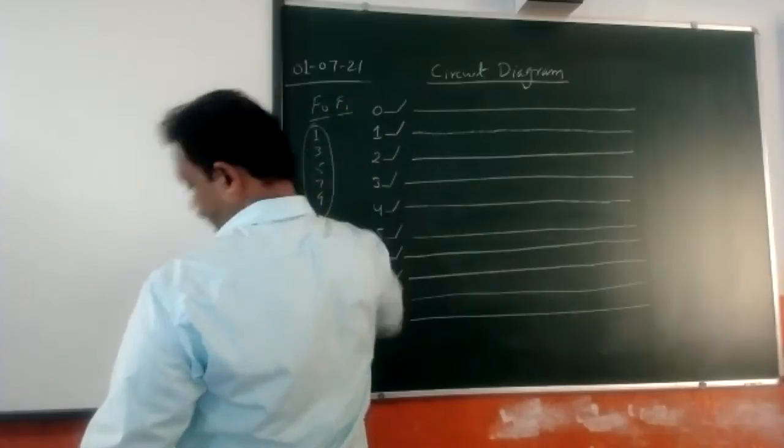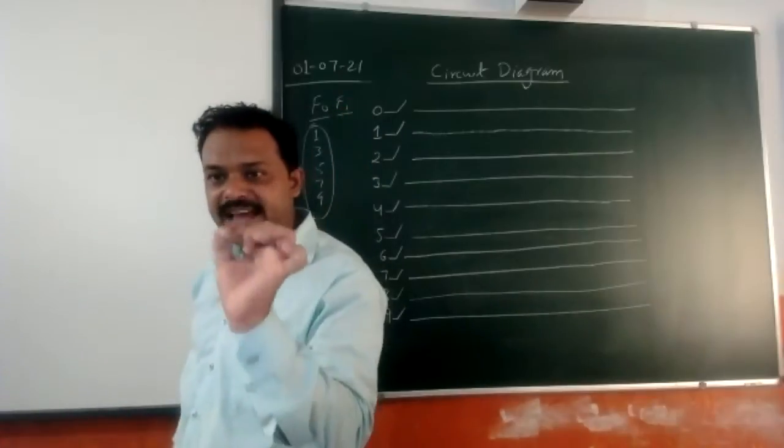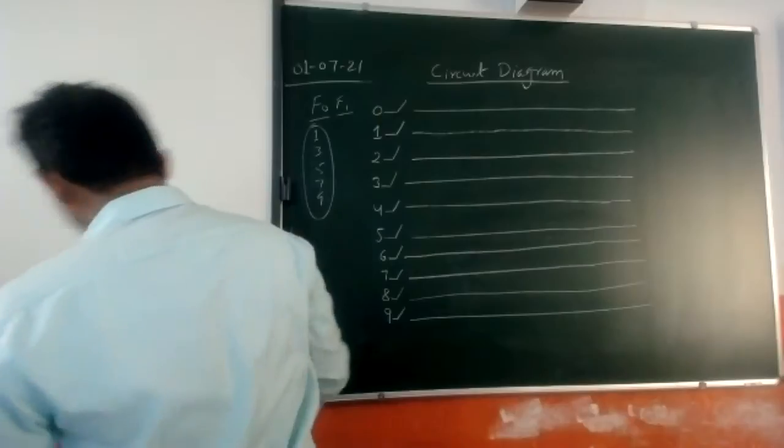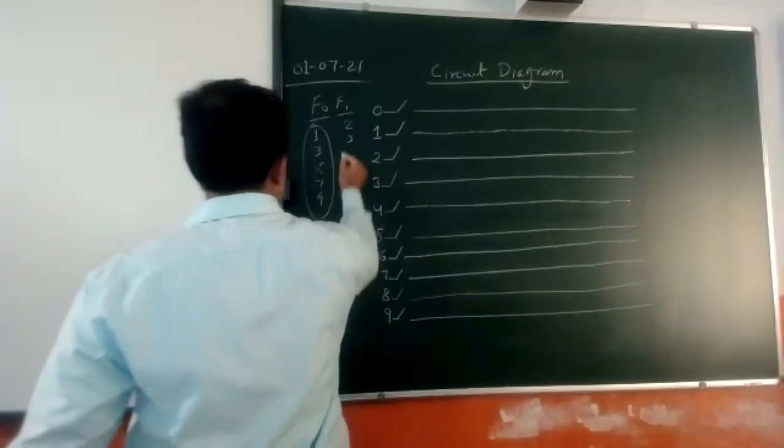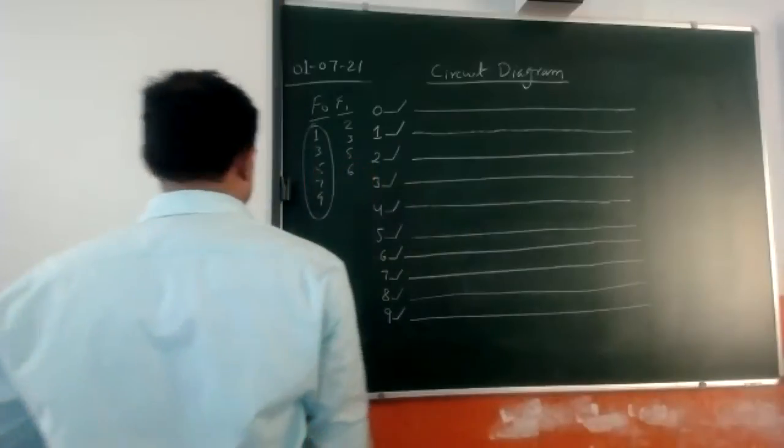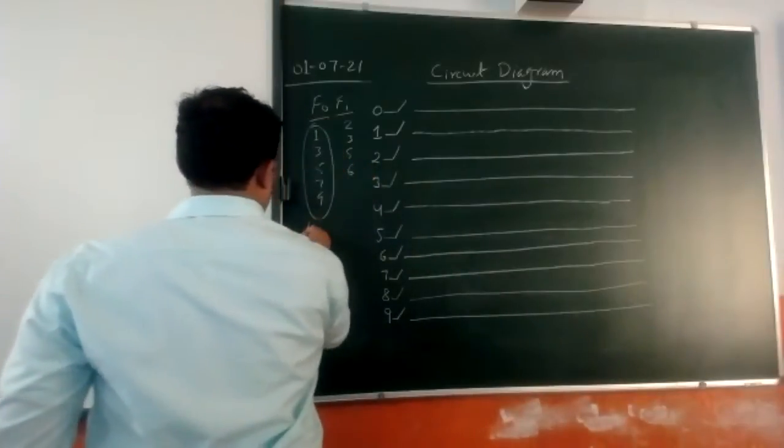And in F1, where we have 1 as the output: 2, 3, 6, 7.